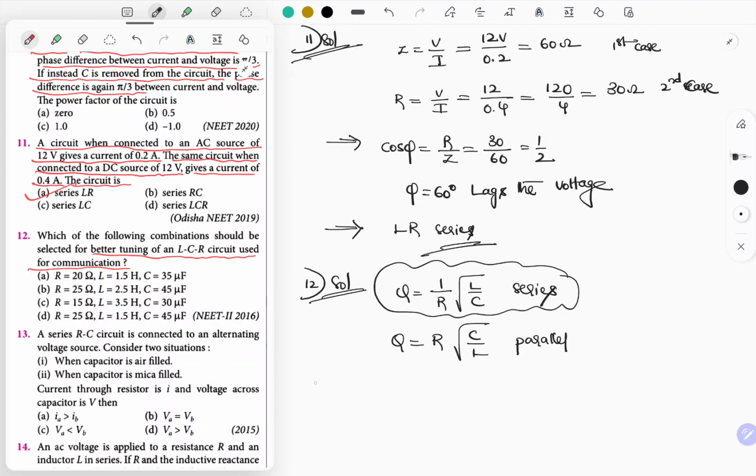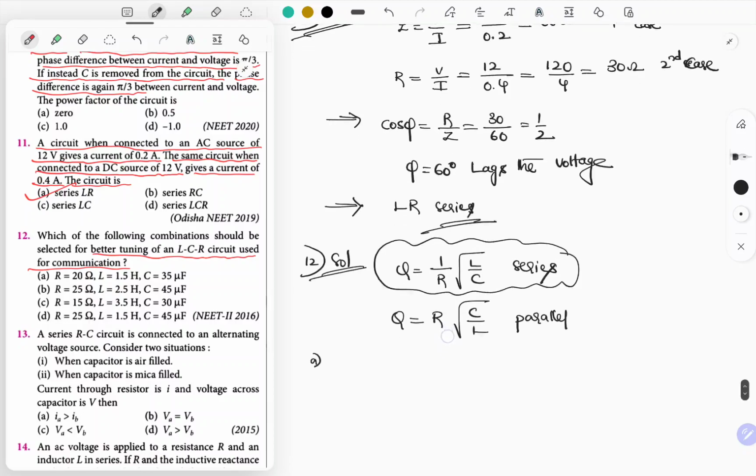Let's start with option A. Whichever option has the higher quality factor is the one we have to choose for better tuning of the LCR circuit. So for option A, Q is equal to 1 by R, where R is 20, root of L, which is 1.5, by C, which is 35 microfarad.